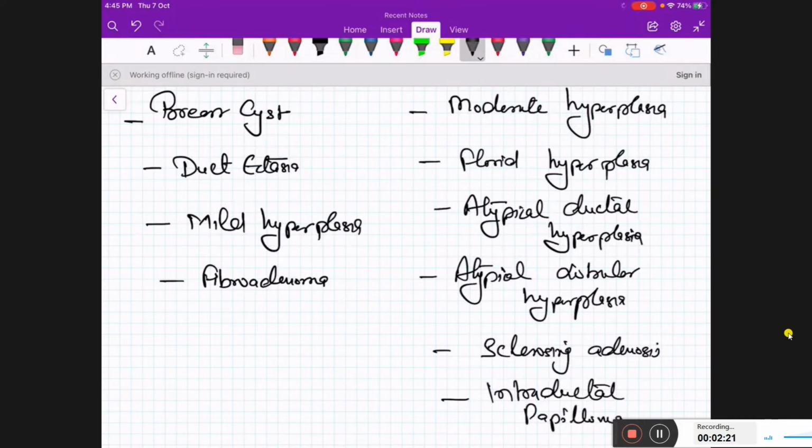These are the various non-proliferative and proliferative breast disorders.